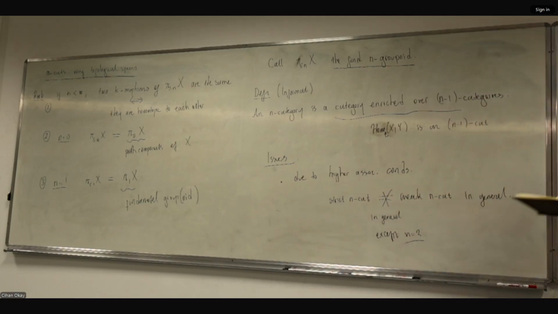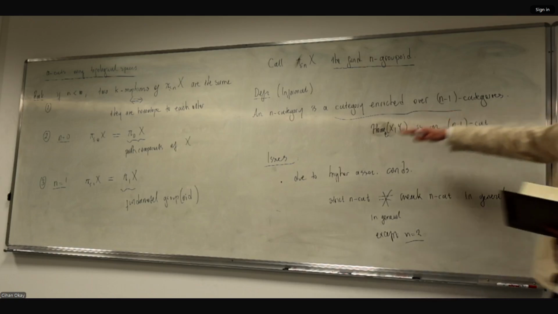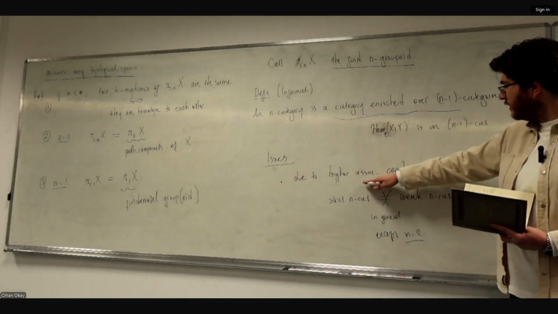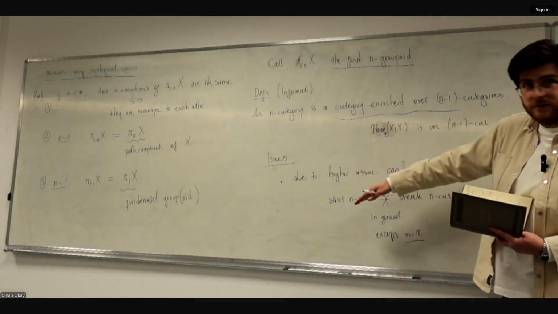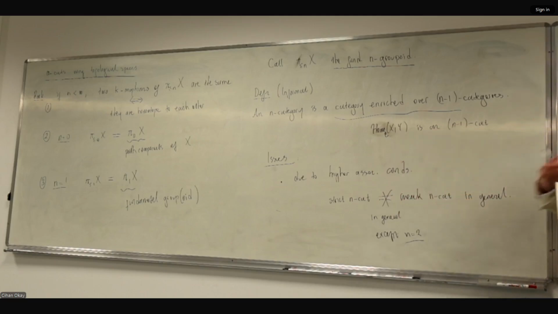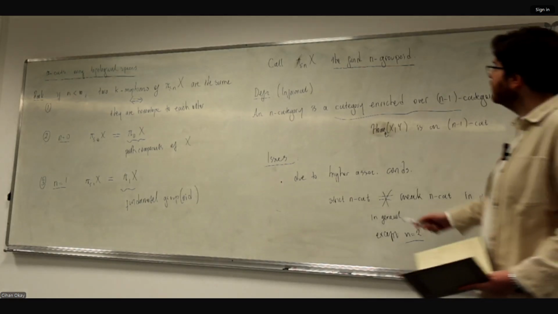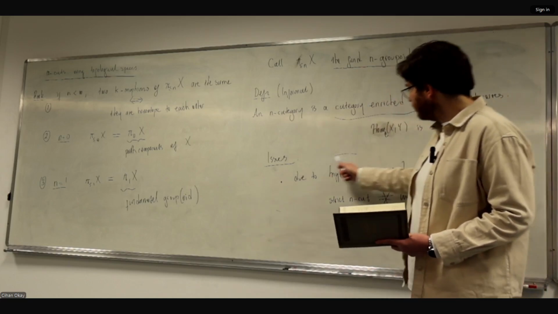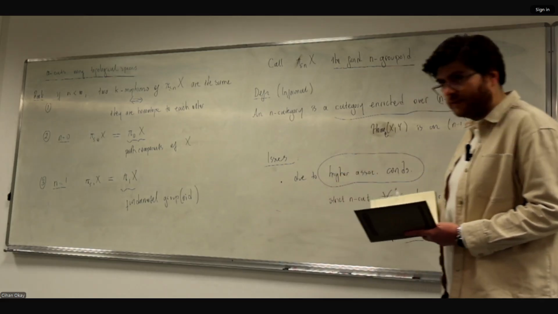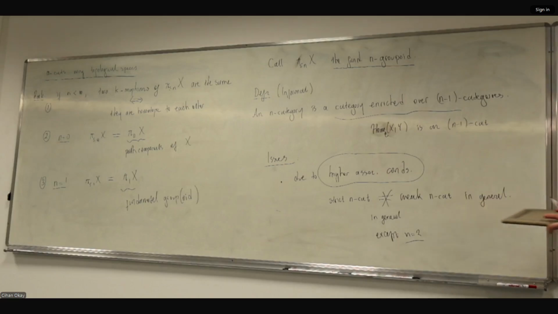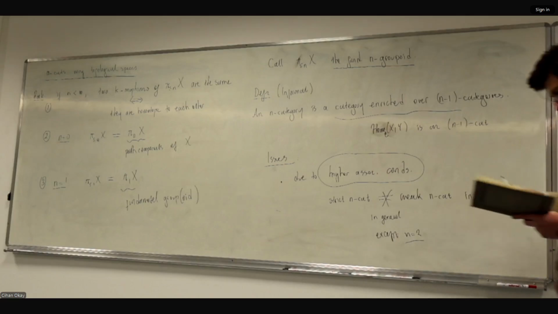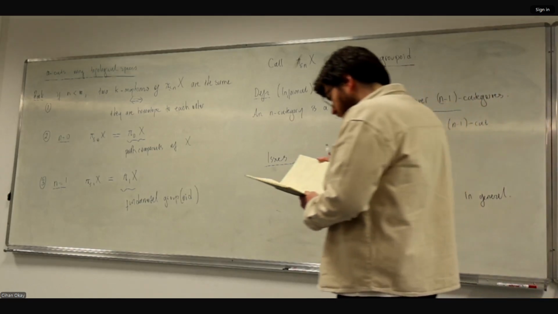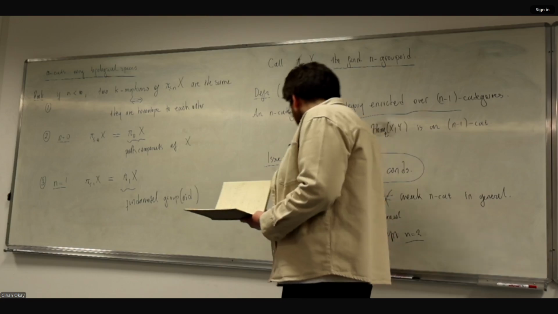When you have a two category, you can always replace weak associativity conditions by strict associativity conditions and end up with equivalent two categories. So at the two category level this is a nice definition, but for higher categories the higher associativity conditions and other coherence requirements turn out to be very complicated. Okay, and also another issue.